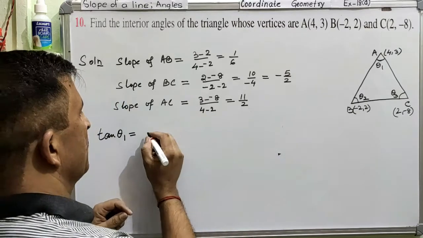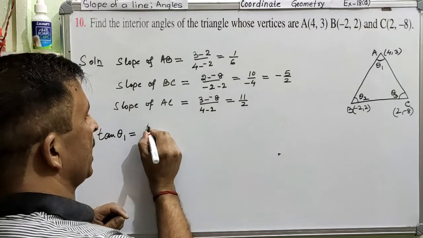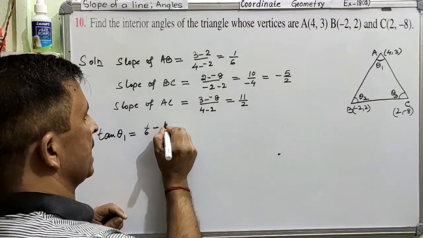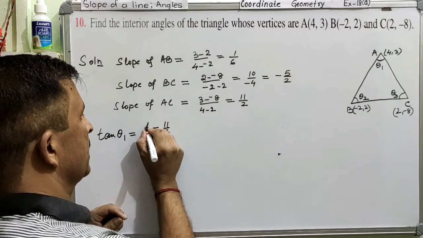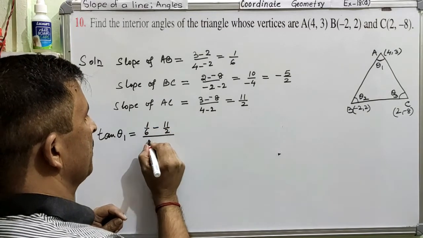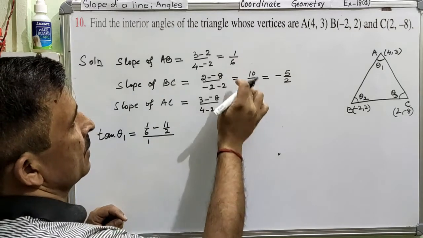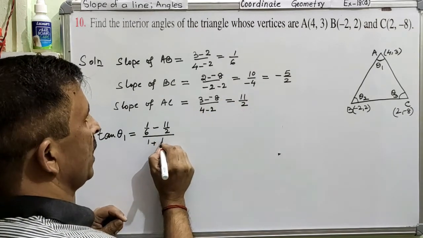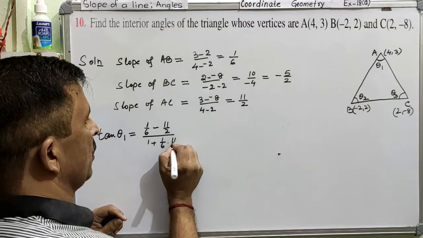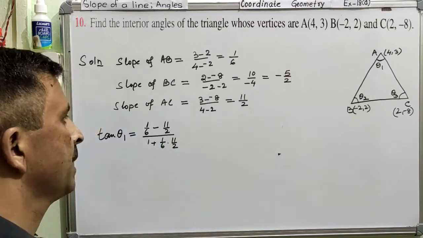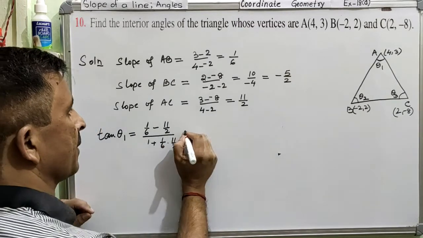Clear? So 1 over 6 minus 11 over 2, is it okay? Over 1 plus 1 over 6 into 11 over 2. Is it okay? Now simplify.